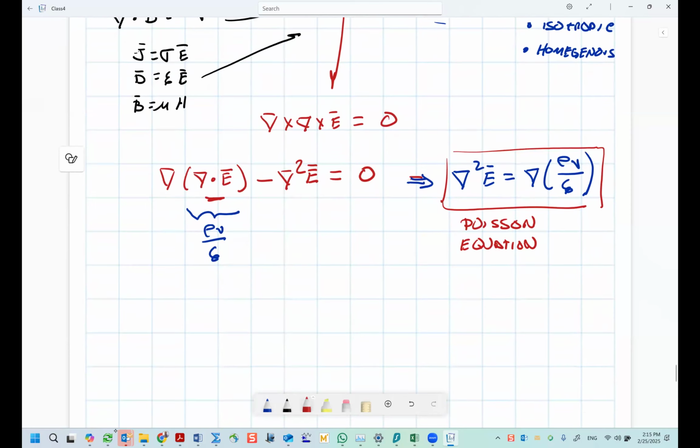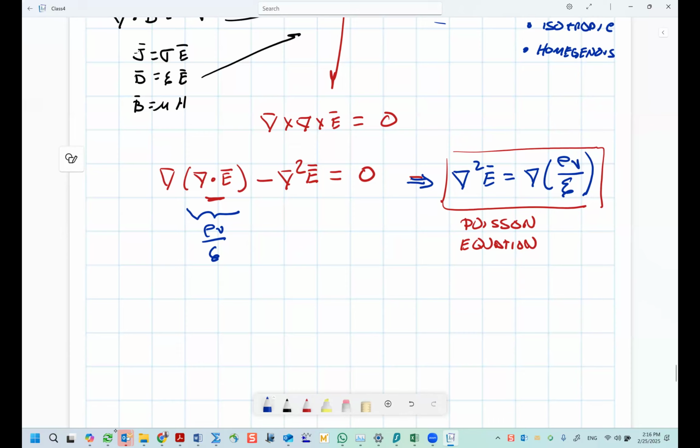Now, if you don't have an insulator in which you have this epsilon, it is too ugly. There are regions where you don't have a charge. If you have a charge, this is what you need to do.